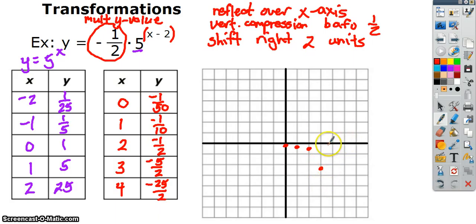And then 4 and -12.5. I'm probably not going to be able to fit that here. Yeah, so it's going to be off our graph here, but down here somewhere. All right, so it's basically going to kind of go like this. We'll draw this continuous curve through here, and then we'll just go down like that. So it looks like we didn't shift up or down, so our asymptote's still here at y equals 0.